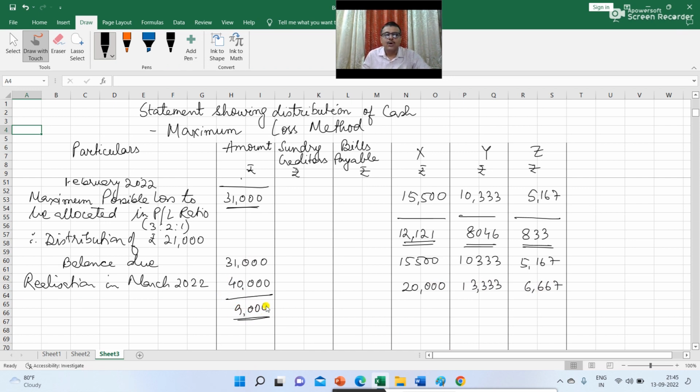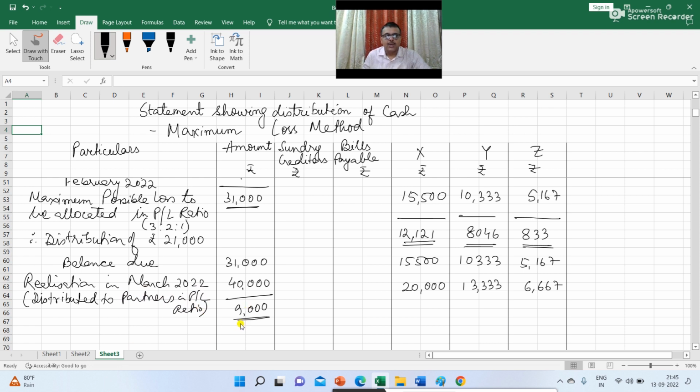So there is no chance of any loss. So after the realization in March 2022, this 40,000 was allocated, so distributed to partners in PL ratio.